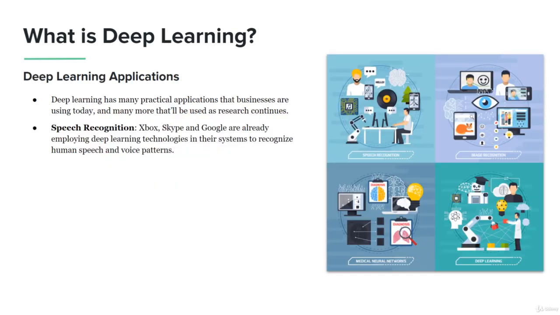And so deep learning applications, what are they? The deep learning has so many different practical applications, right? In businesses today and businesses in the future, right? So we look at some here as far as speech recognition, right? You think about Xbox, Skype, Google, right? A lot of the times, even with email, I know a lot of times with G Suite that I use on a daily basis, I'll have somebody send me an email, and then at the very bottom, when I'm looking to respond to the email, it'll have various canned responses there that it will come up with on its own, right?